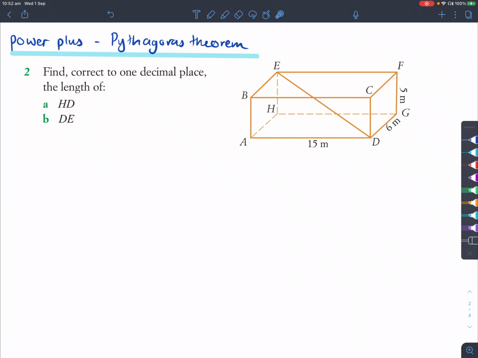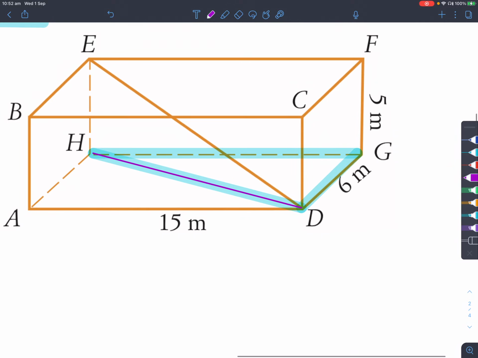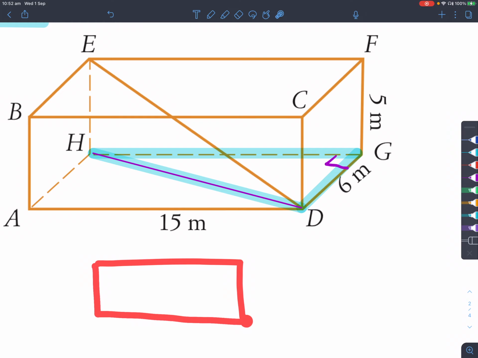Okay, so I was talking about those right angle triangles, and now HD can be an edge of a right angle triangle. And the one I'm going to look at here is this one here. The part that is right angled is actually at the very corner here. So this line and this line are basically the lines of a rectangle if I was to look at it from the top view.